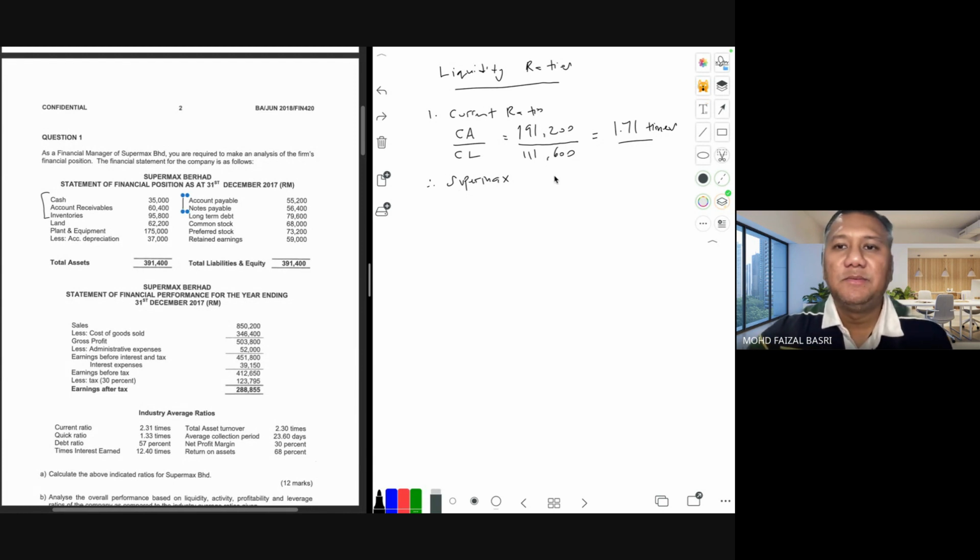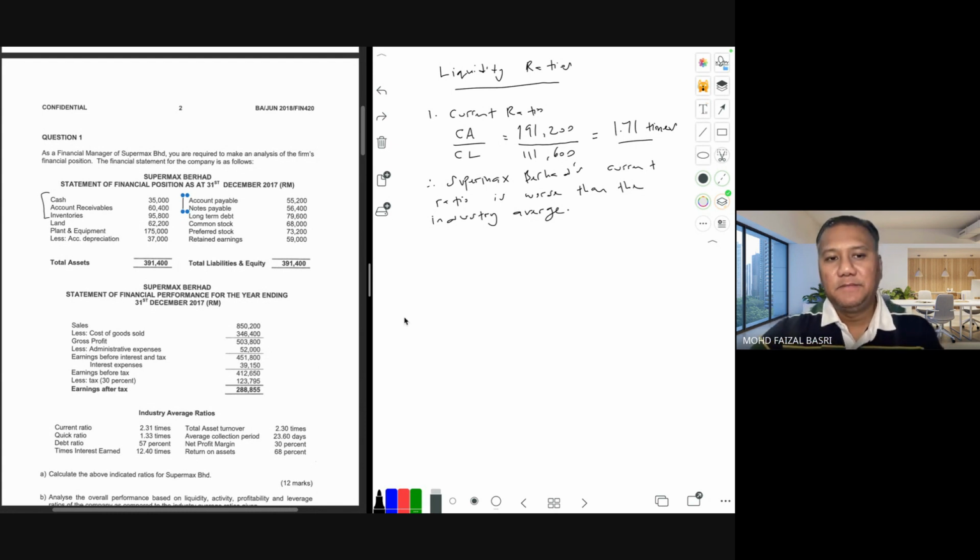So for example here, Supermax Berhad's current ratio is worse than the industry average. Okay, so that's the first part.